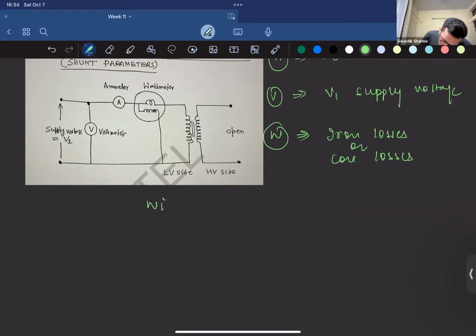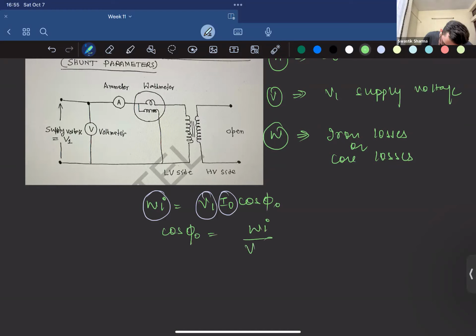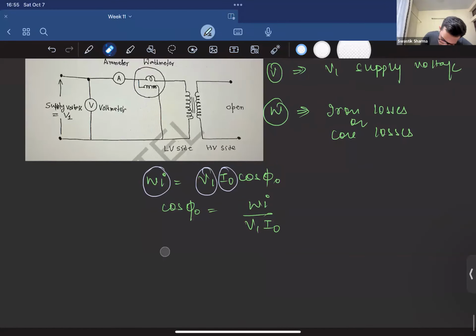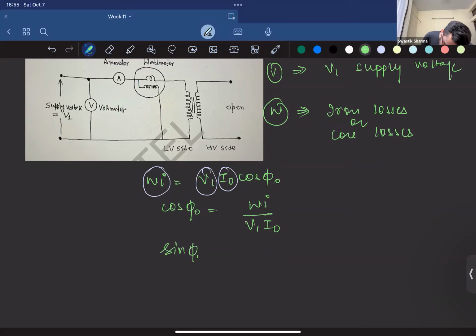I'm sorry if my speed is fast because I have to show you sample problems too. Okay, so iron loss is given by V1 times I naught cos phi naught, right? We know V1, we know I naught, so cos phi naught can be found easily. Since this is known, sin phi naught can be known, which is nothing but the square root of 1 minus cos square phi naught.